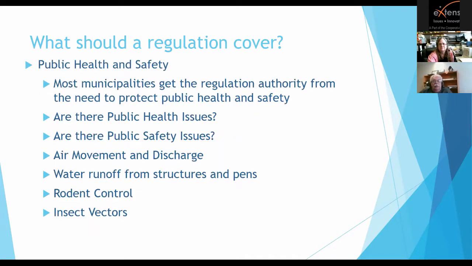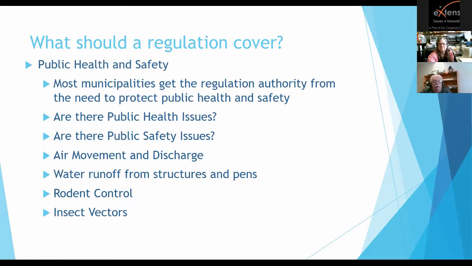What should be covered by a regulation? Poultry health, public health and safety. Most municipalities get their regulation authority from the need to protect public health and public safety. That's where they get their power to regulate activities. That's where they get their authority from.